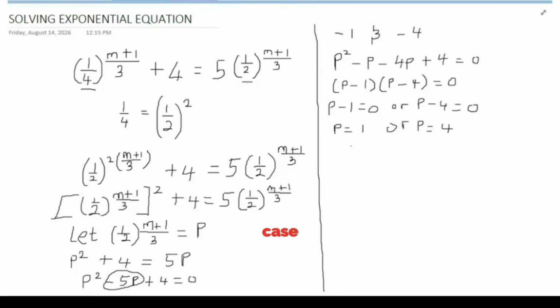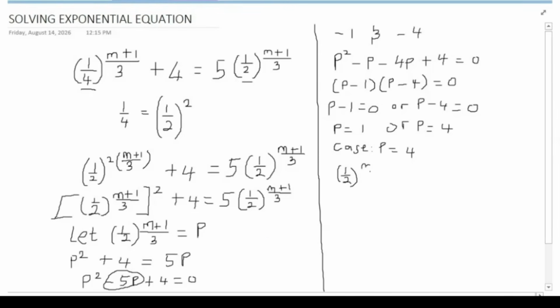Let us consider case 2. Case 2, that is when P is equal to 4. So we are going to have 1 over 2 raised to power M plus 1 over 3 equals to 4. Now, how do we write 4 to have a base of 1 over 2?